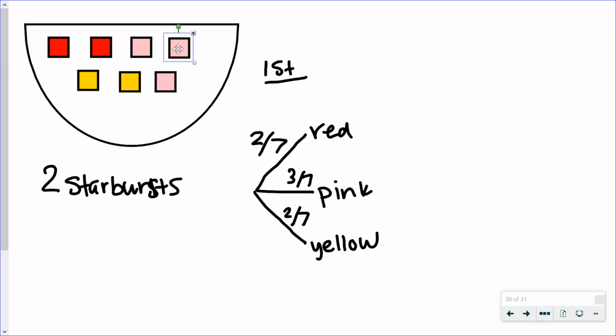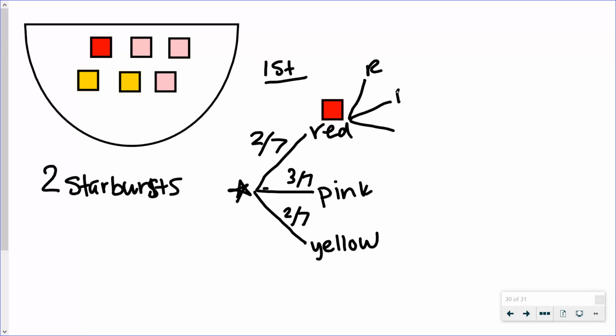Now I'm going to actually do an example of that. I'm going to pull out this red candy. And what that means is that I am now sitting at this spot on my tree. If I started here, my first stage I got a red, so I follow that branch. So for the second pull, I'm going to draw that off of this option. Okay? Well, now I still have red, pink, and yellow as my options.